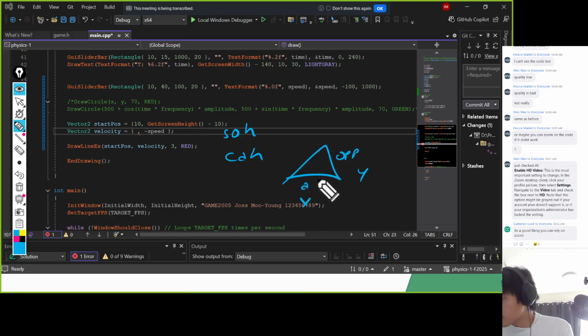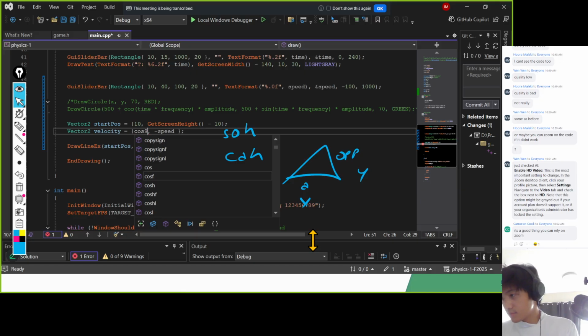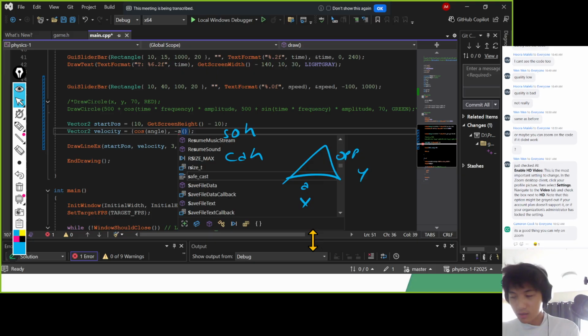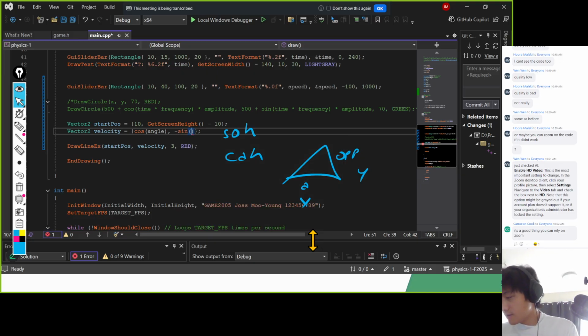So when we're doing x, we're going to use cosine. When we're doing y, we're going to do sine. Oh, that works nicely. Cos angle. We'll keep it negated when we do our y. Sine of angle. Okay. And we're going to multiply these both by speed.